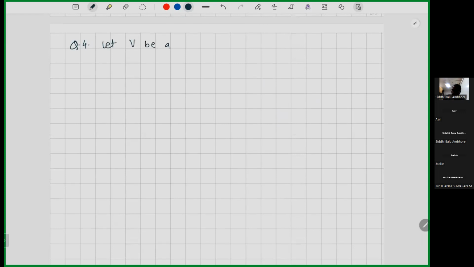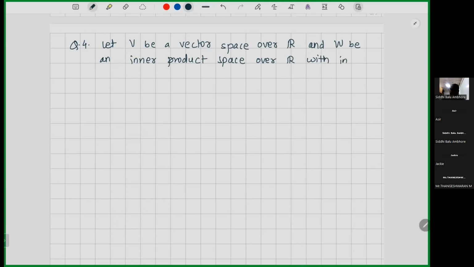So let V be a vector space over R, and W be an inner product space over R with inner product, and assume that T from V to W is a linear map.